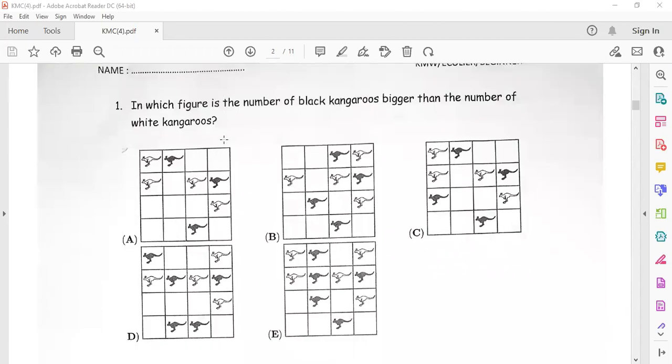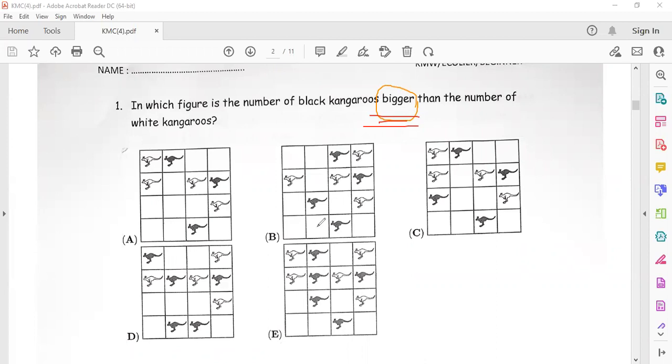As you can see, the first question is a very direct, easy question. In which figure is the number of black kangaroos bigger than the number of white kangaroos? The key word here is bigger. You always have to find out which is the keyword you're looking for. So you have to compare. Every option here has to be compared.